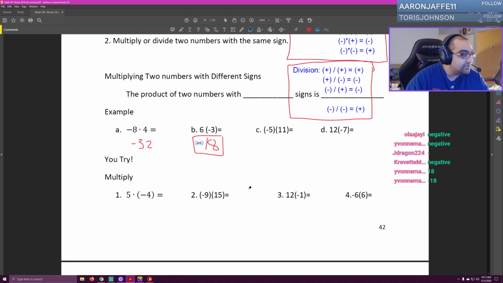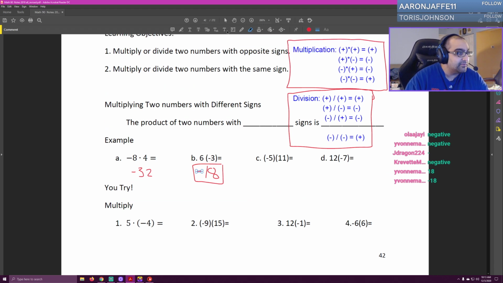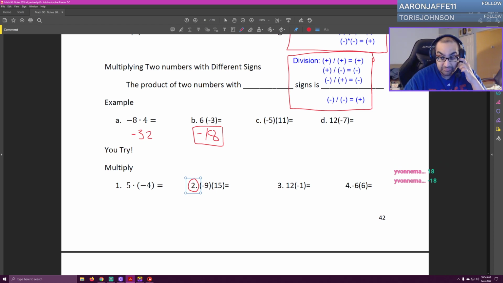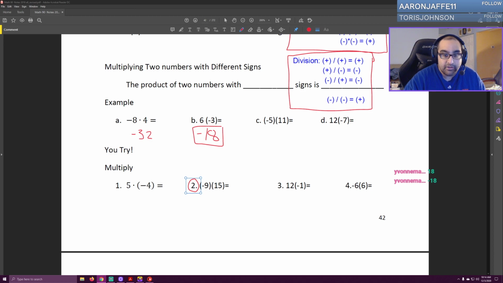All right, good stuff. Let's take a look at another one. Let's have you guys try this one real quick. Let's have you try number 2. What do we get here in this case? -9 times 15.